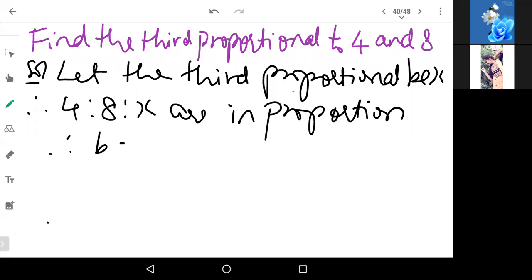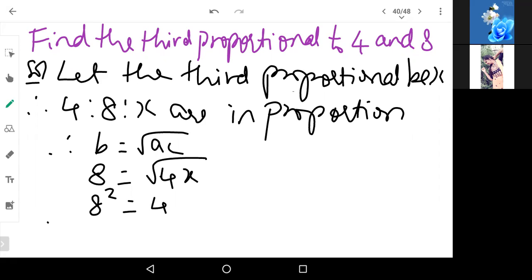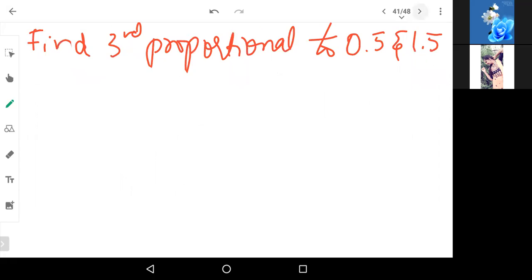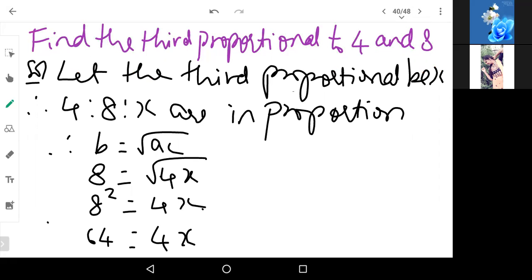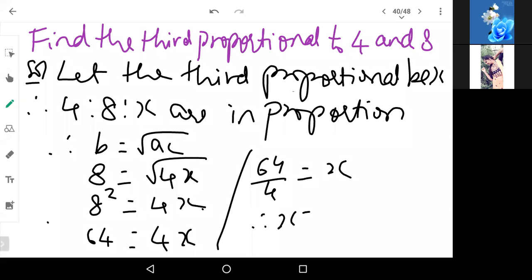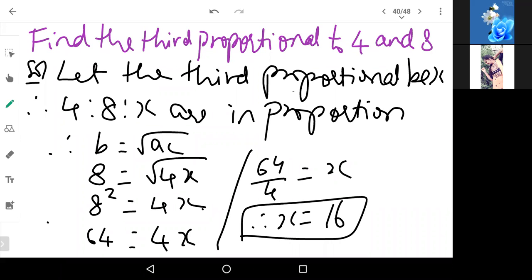Therefore, b is equal to square root of a into c. 8 is equal to square root of 4 into x. 8 square is 4x. 8 8s are 64 is 4x. 64 by 4 is equal to x. So therefore, x is equal to 16. Write the conclusion. Therefore, the third proportional is 16. Very good. Everybody has got the answer.